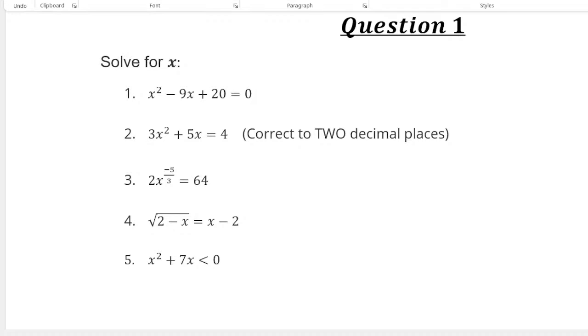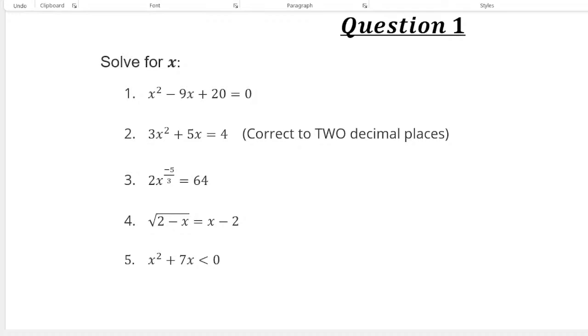Then we have an exponential equation, 2x to the power negative 5 over 3 is equal to 64. Then we have another equation as well, square root of 2 minus x is equal to x minus 2. Lastly, we have x squared plus 7x is less than 0. So we are solving for x in these equations.